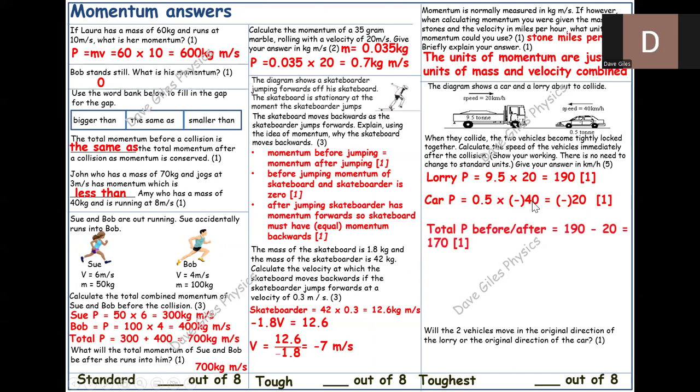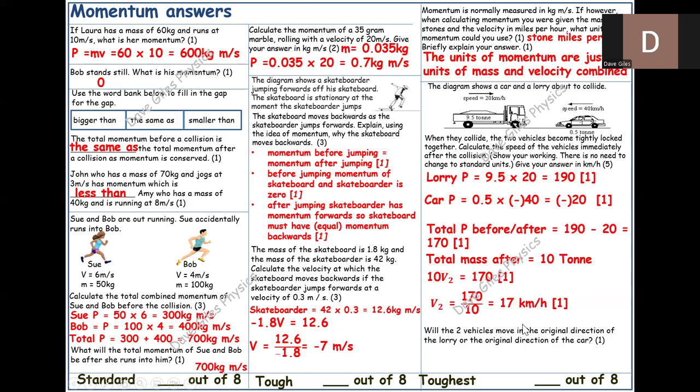The negative is in brackets in the mark scheme because you didn't necessarily need it, but I think you probably should. So the total momentum before is 190 minus 20, which is 170. The total mass after is now 10 tons because it's joined together, 9.5 add a half, which is 10. So 10 V2 equals 170. V2 is 170 over 10, which is 17 kilometers per hour.